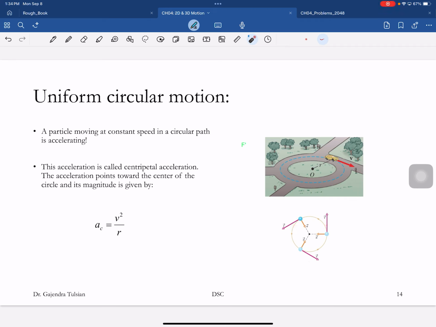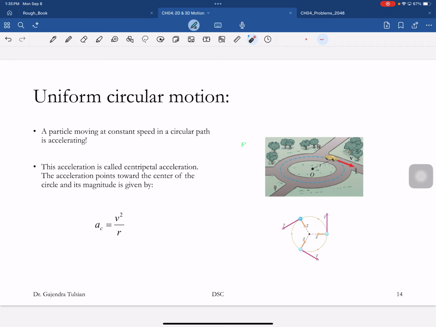What is changing? The direction is changing. When only the direction of the velocity changes, the acceleration is perpendicular to the path. If you completed the circle, you'd find that the acceleration points towards the center of the circle.